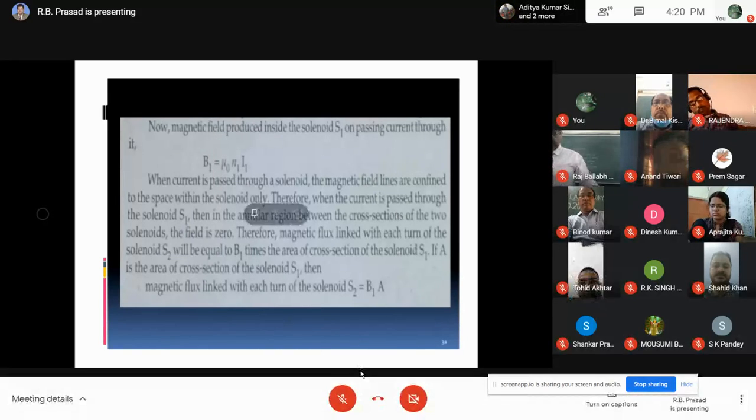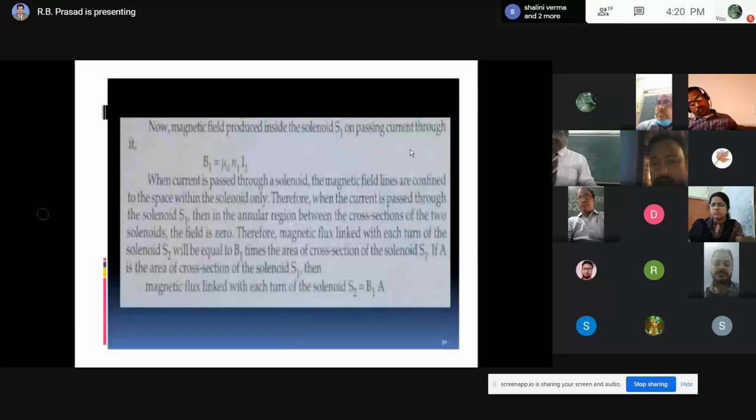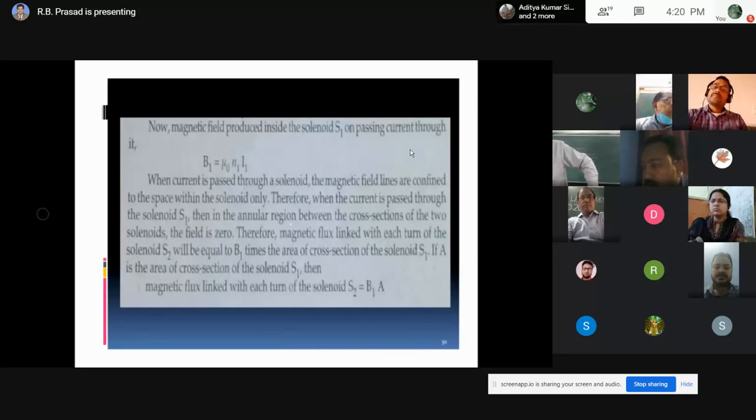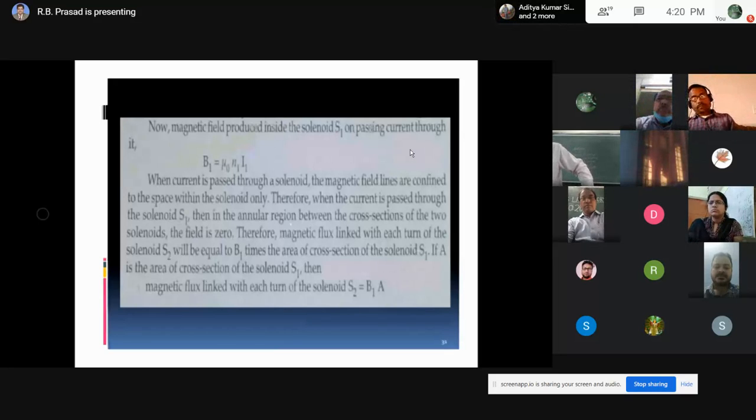So B1 is equal to mu naught N1 into I1, where B1 is the magnetic field produced in the primary, N1 is the number of turns of the first solenoid, and I1 is the current passing through it.